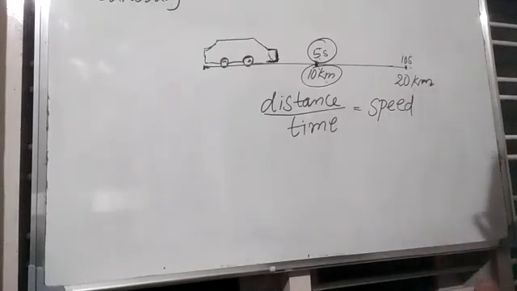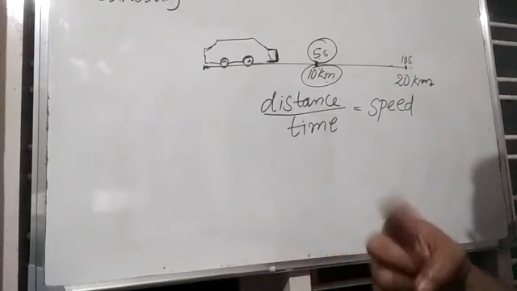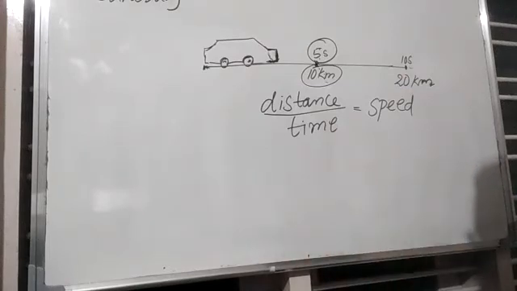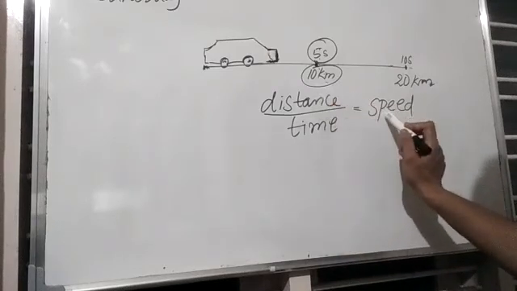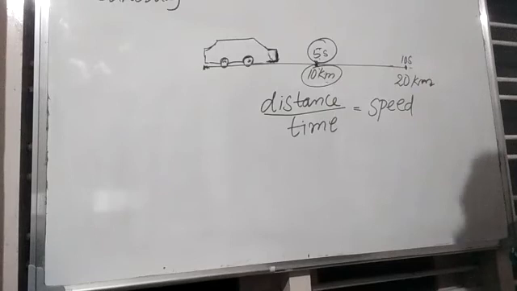So, you have seen the speedometer in a car. The speed is written in kilometer per hour on the dashboard. The speedometer is the device which shows the speed of the car. It measures the speed of the vehicle, mentioned in kilometer per hour, showing how many kilometers it covered.